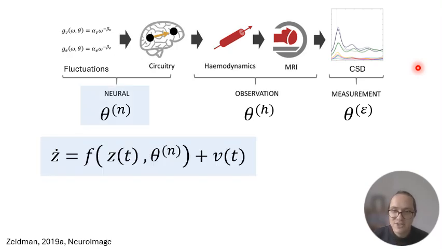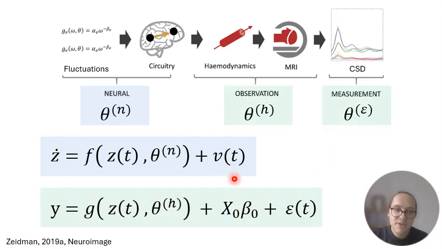So this is just the equation again, which I showed you a while ago. The changes in neuronal states over time are based on our hidden neuronal states, our connectivity parameters, and our endogenous neuronal fluctuations.